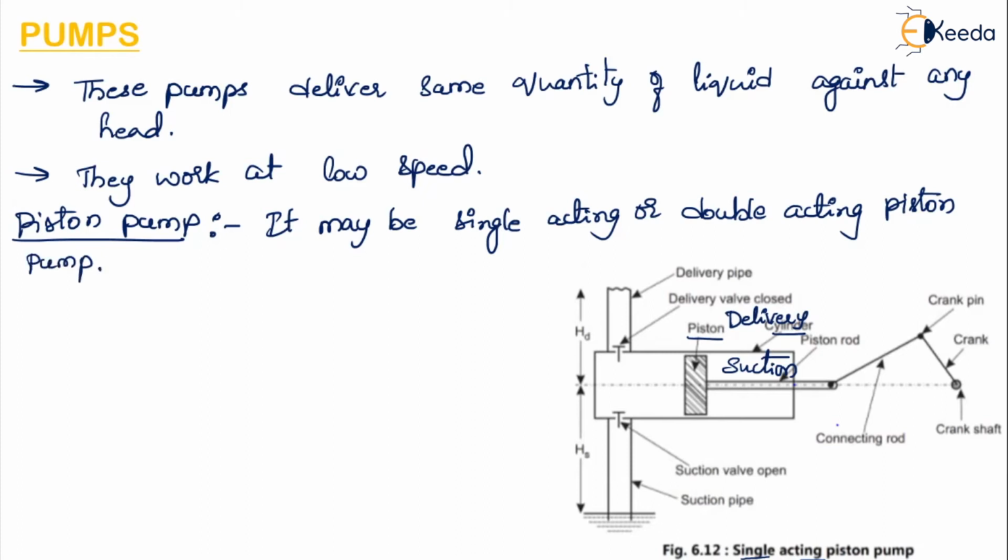As the piston moves outward, that is towards the right in the figure, partial vacuum will be created inside the cylinder. So what happens when the piston moves outward?